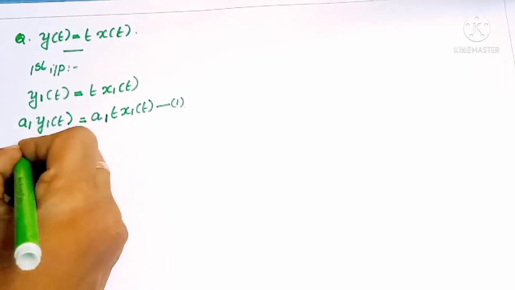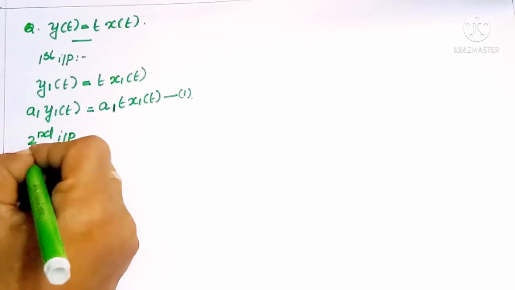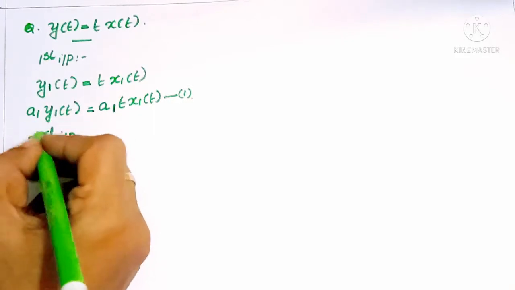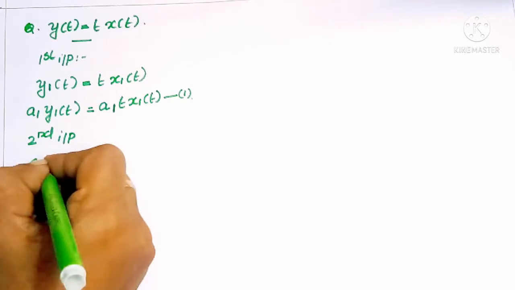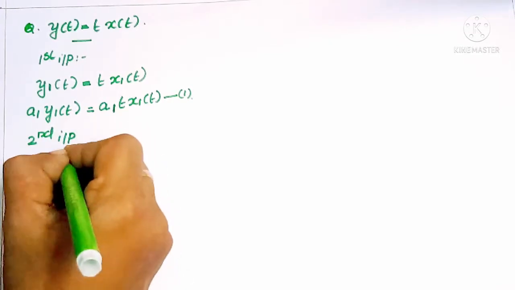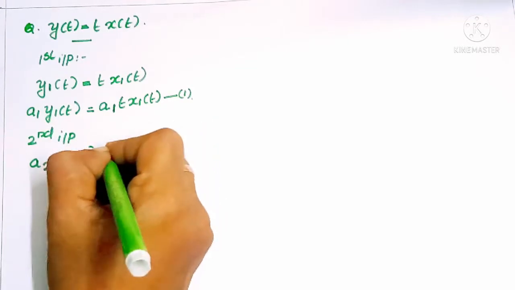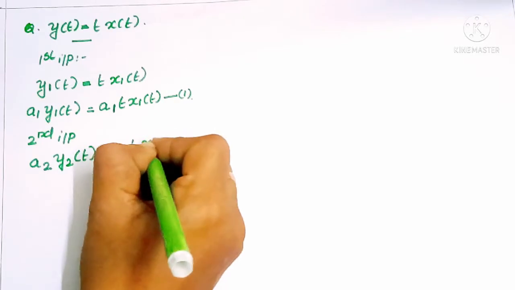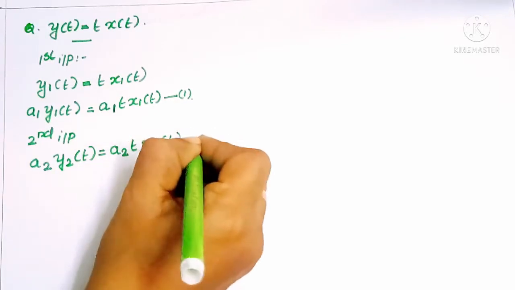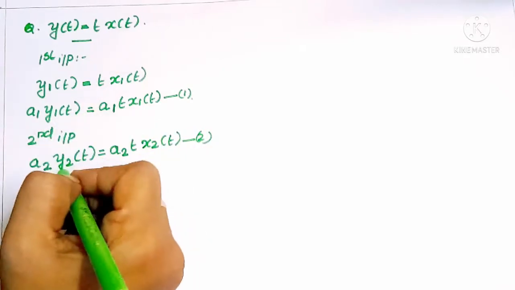Also we can take the second input signal, with a scaling factor a2. Its response becomes y2 of t when we apply the x2 of t signal, also a2 t x2 of t. So here we take two input signals and write the corresponding output signals.